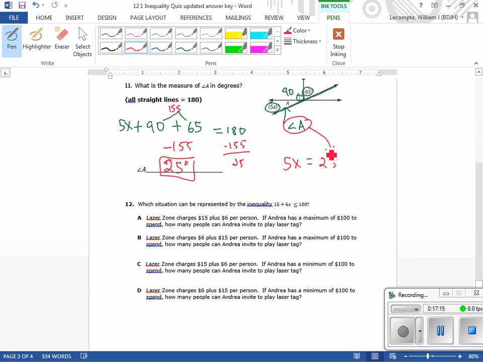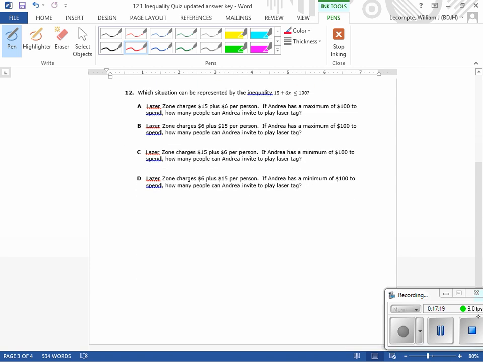Alright, last question. Which situation can be represented by the inequality 15 plus 6x is less than or equal to 100? So let's go through each individual one. Well, this says 15 plus 6 per person, and Andrea has a maximum of $100.